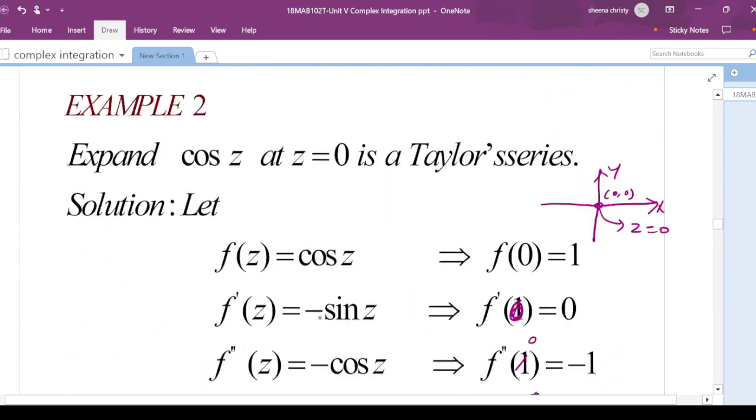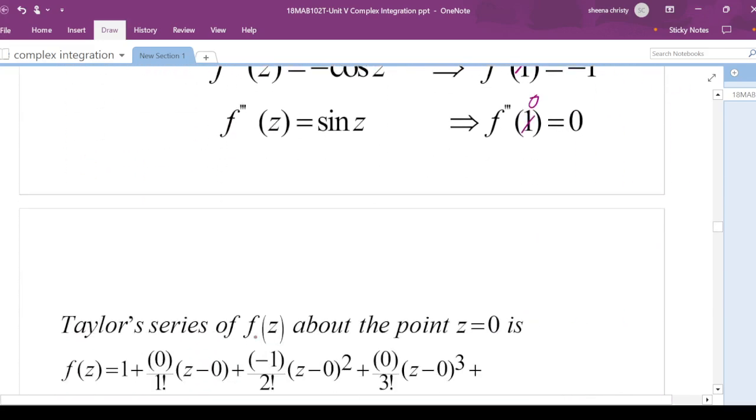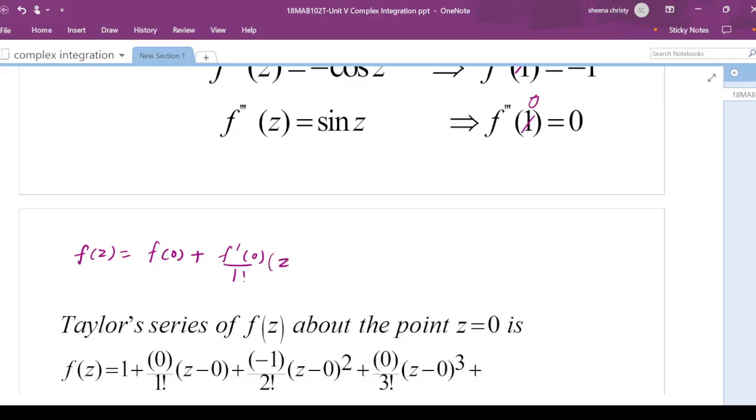So here about the point z equal to 0, you are going to get the formula as f of z equal to f of 0 plus f dash of 0 by 1 factorial into z minus 0 plus f double dash of 0 by 2 factorial into z minus 0 the whole square plus f triple dash of 0 by 3 factorial into z minus 0 the whole cube, etc.